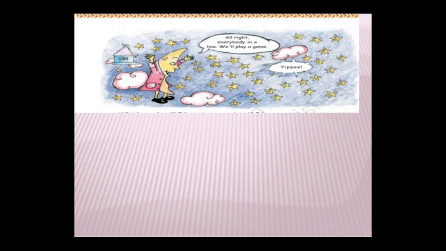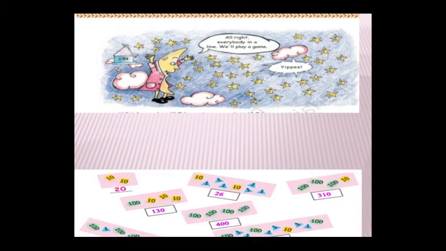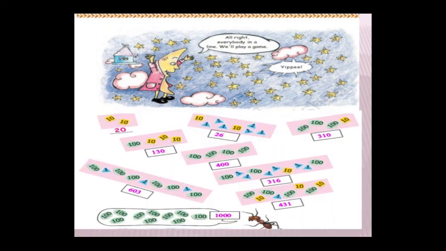See, all right, everybody in a line, we all play a game. See here, how many tens are there? There are two tens. So two tens means two square cards. That is a square card, he made it as 10. So two tens means it is 20. Here in the second rectangle box, what is there? 100 card and three tens cards. So 100 card and three tens cards means it is 130.